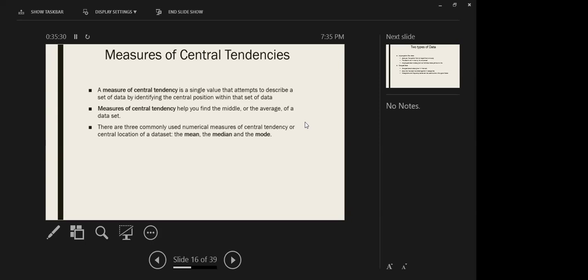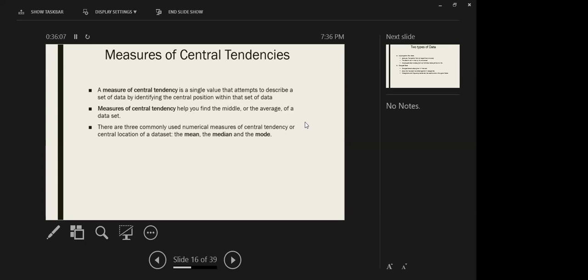When you say what was the average mark of the class, that is a central position that can describe the set of data. Like you just say, the average mark the students got was around 70. So it means that roughly everyone got 70. The marks of everyone are being described by a single value. That's what we are talking about when we are talking about measures of central tendency.